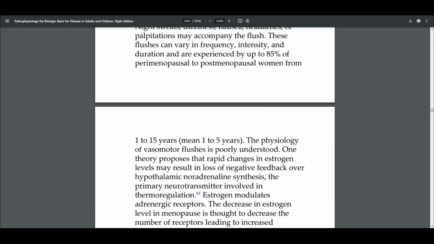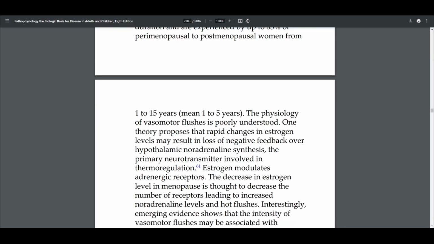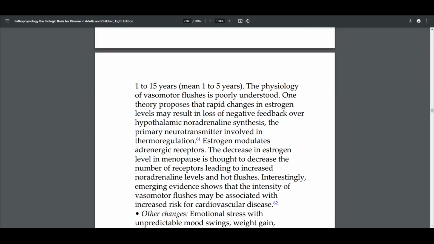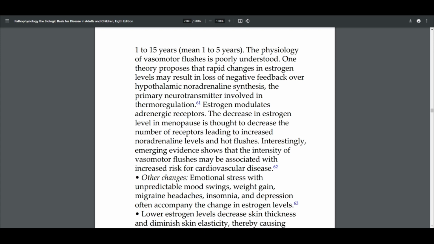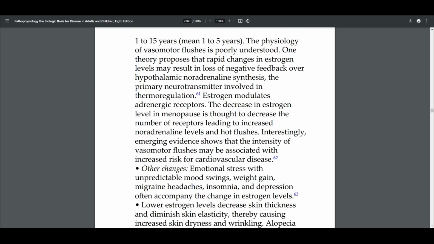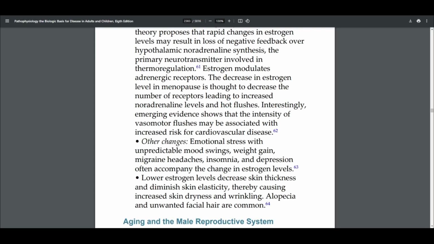The physiology of vasomotor flushes is poorly understood. One theory proposes that rapid changes in estrogen levels may result in loss of negative feedback over the hypothalamic noradrenaline synthesis, the primary neurotransmitter involved in thermoregulation. Estrogen modulates adrenergic receptors.